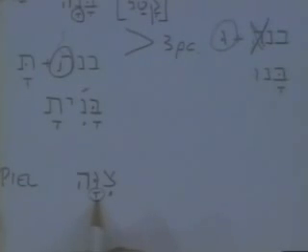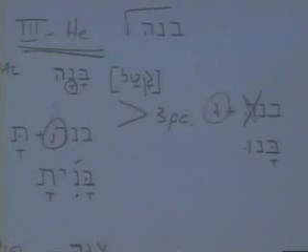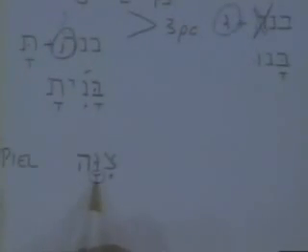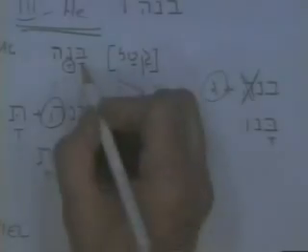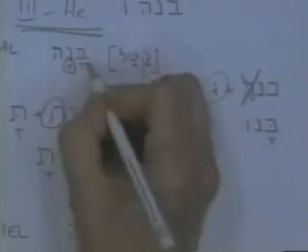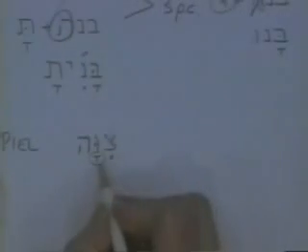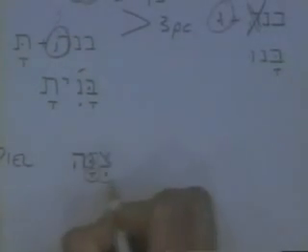All right? But he always brings his own. And that'll be a qamets just like it was a qamets up here. Even though this is piel and this is kal, the third hay part stays the same. The way you know that this is a kal is not by this vowel, but by this vowel. And the way you know this is a piel is by this and this.